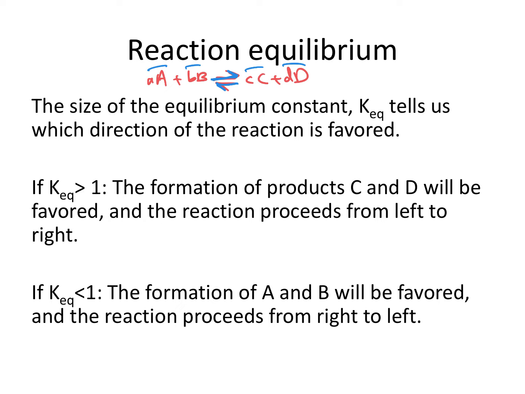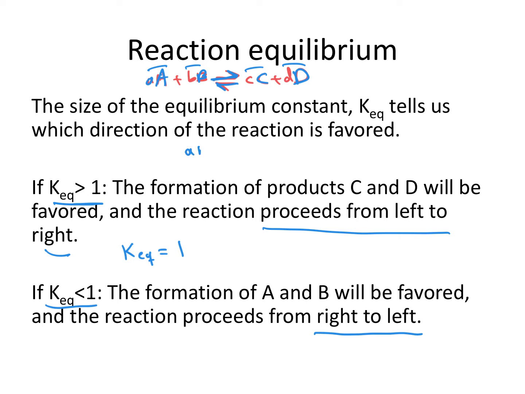The equilibrium constant is 1. Exactly. If the equilibrium constant is greater than 1, we said the reaction proceeds from left to right, and if it's less than 1, it proceeds from right to left. But if it's exactly 1, it means there is no net reaction anymore, and the concentrations of A, B, C, D remain constant. So they are in equilibrium.